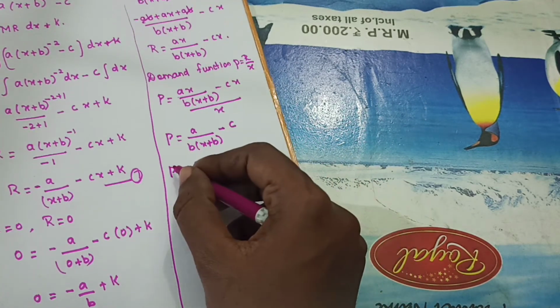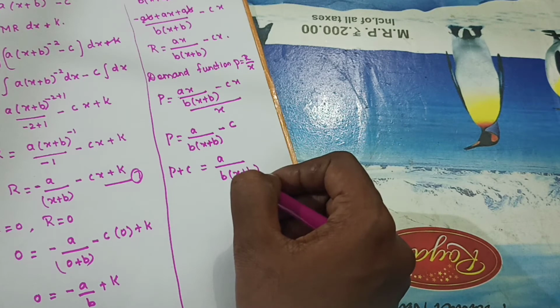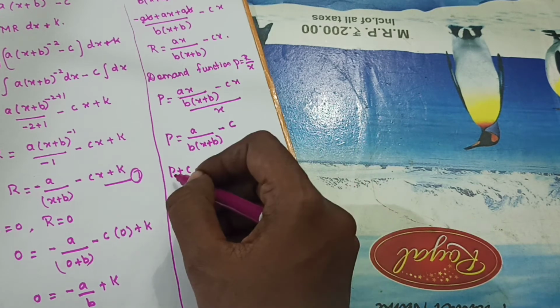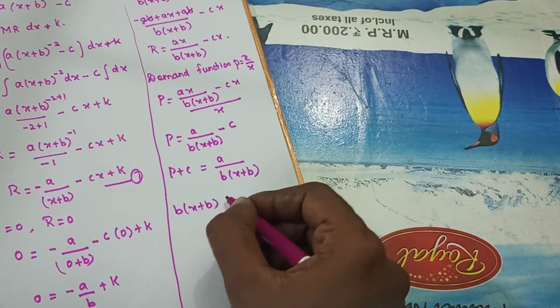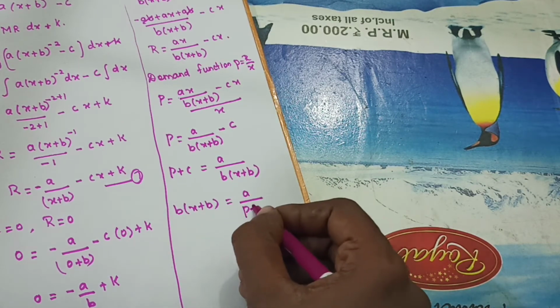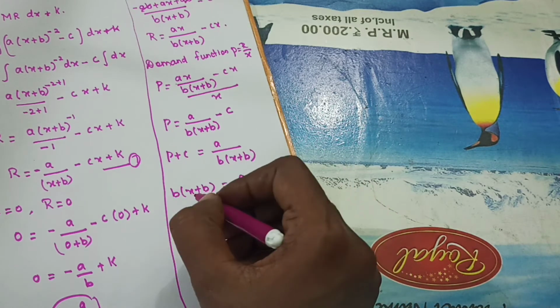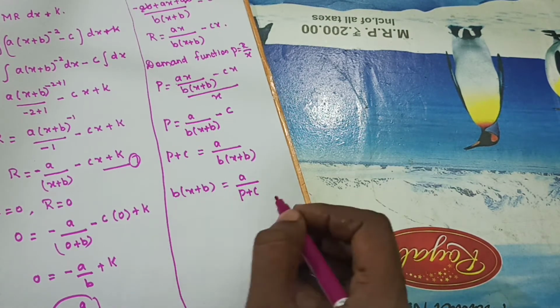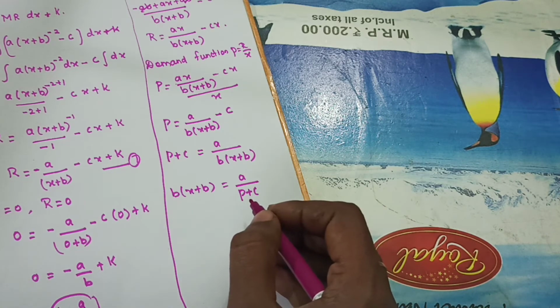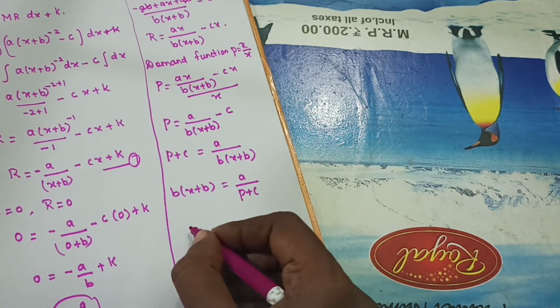Now bring this p plus c to here. Okay, so what will happen? Bring this to here, this to here. So b into x plus b equal to a by p plus c. Okay, so the reason is you need the value of x. So x value we need, is it right?